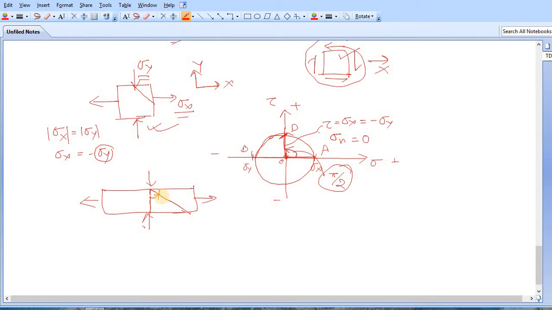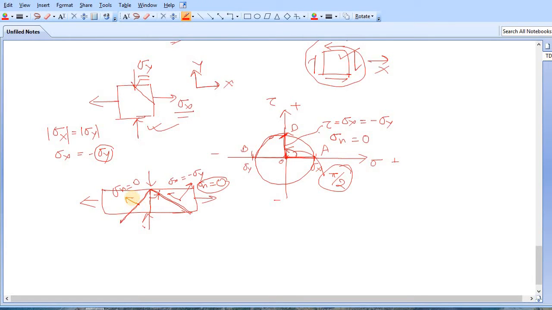So this is the plane where your shear stress is sigma x or minus sigma y, and normal stress sigma n is 0. In this plane also it is the same, there is no normal stress, sigma n is 0.